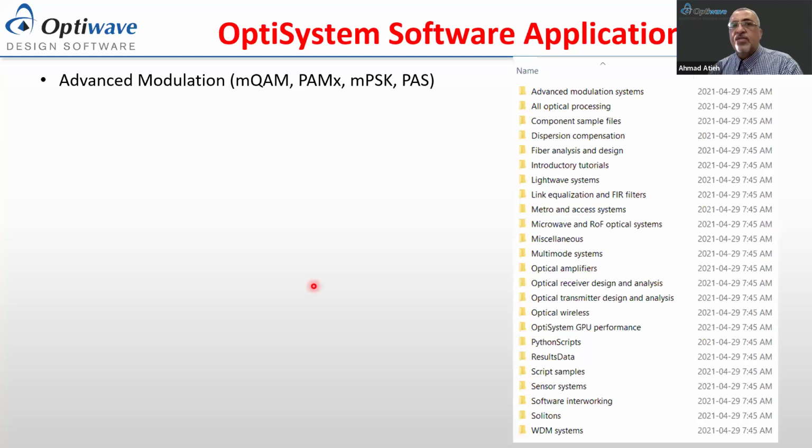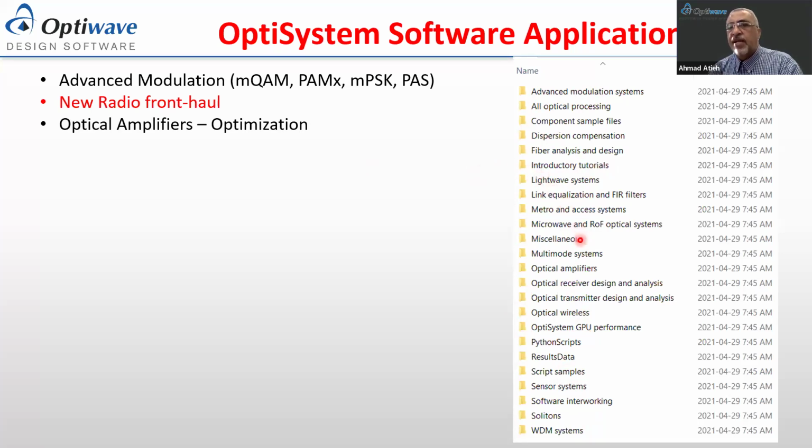In the applications, we have a wide range of examples, over 1,000 examples, and they are categorized in different categories. You can access them on the example library usually when you download the software. And as you can see here, they are categorized based on the application. So you have application for advanced modulation, for radio front haul, for 5G applications.